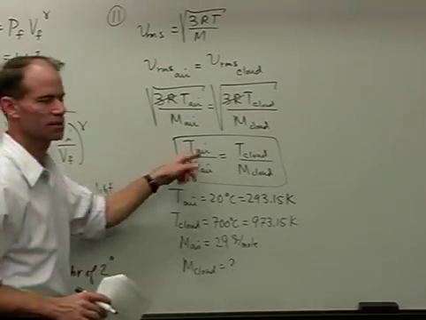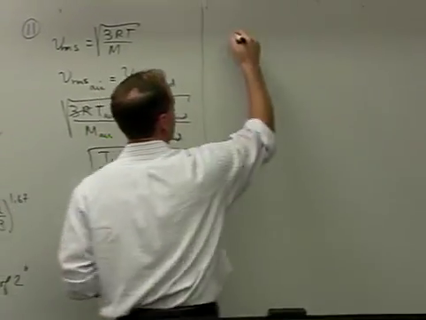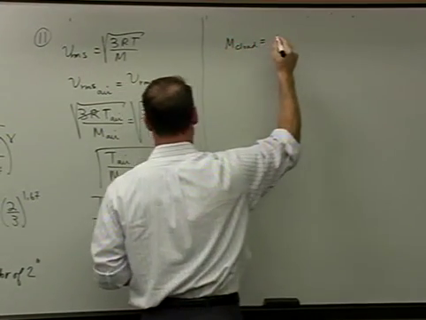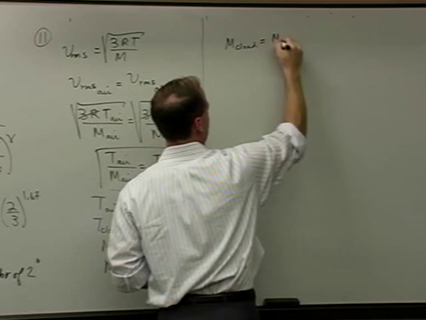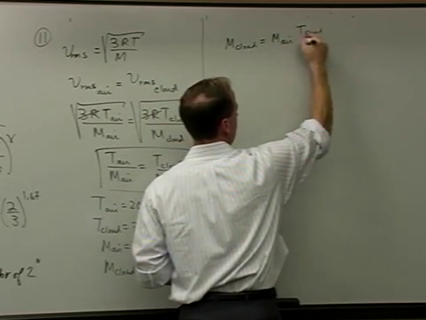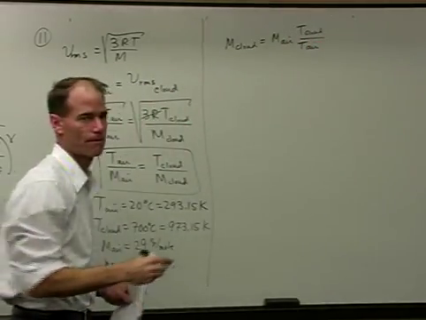So let's just rearrange this algebraically. The molecular weight of the cloud is going to be equal to the molecular weight of air times the temperature of the cloud over the temperature of the air.